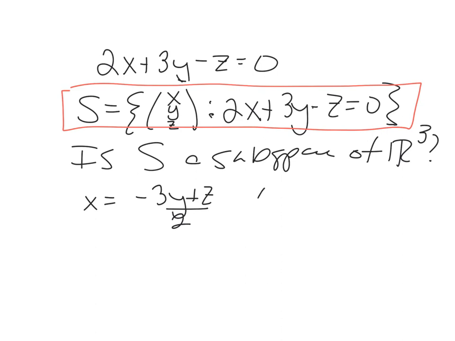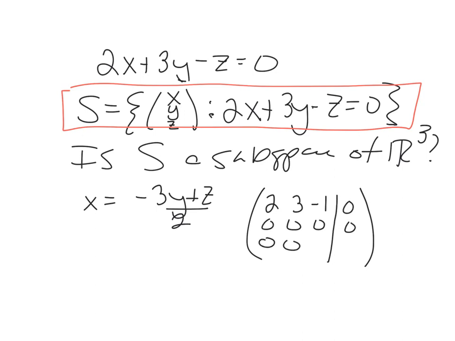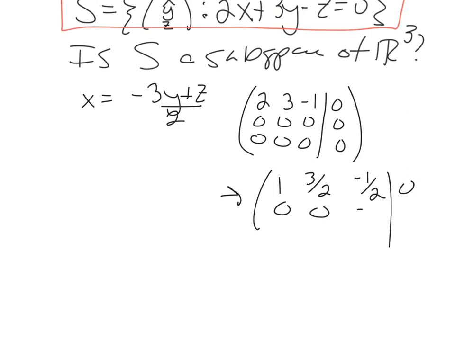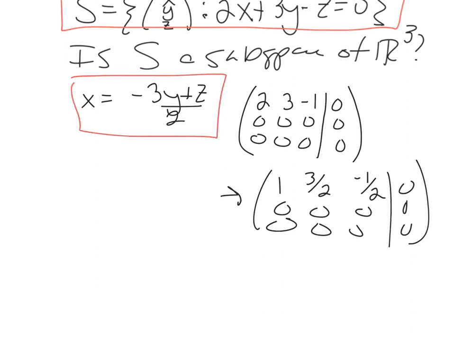I could think of it in a different way, as the end result of row reducing some system. I've got a system of equations that row reduces in some sense to this. So if I row reduce one more step, that's 1, 3/2, minus 1/2, 0, and zeros elsewhere, which again all comes back to that same equation.